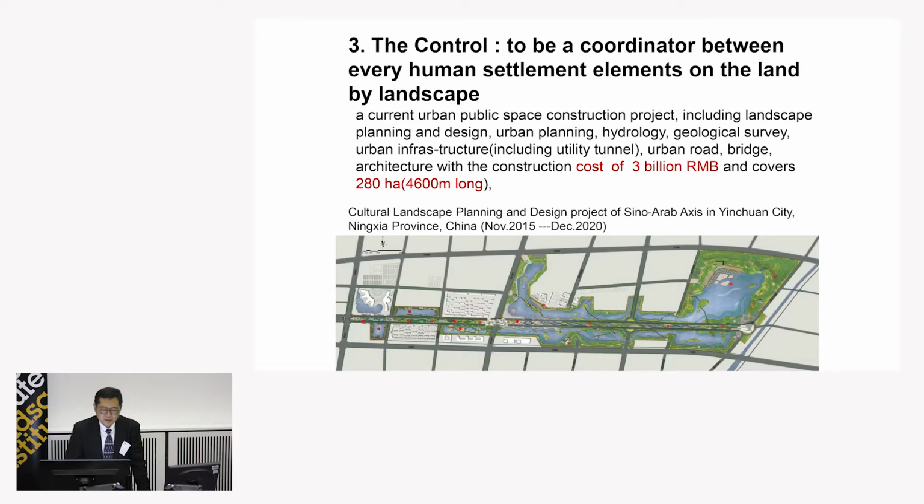Current urban public space construction projects include landscape planning and design, urban planning, hydrology, geology survey, and urban infrastructure, including utility tunnel, urban road, bridge architecture, with a construction cost of 3 billion Chinese yuan, covering 280 hectares.